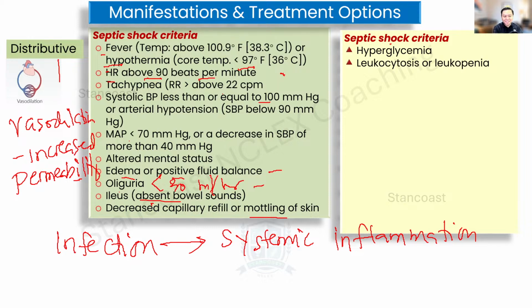But guys, take note. It can be either leukocytosis or leukopenia. All right? Please take note, not only leukocytosis, but also leukopenia. So this is basically reflecting the body's response to the infection. For a patient that may have neutropenia, in a case of, what do you call this, the leukemia, right?